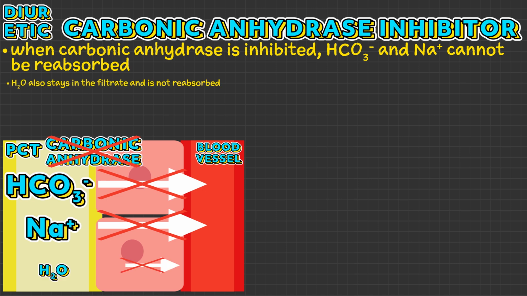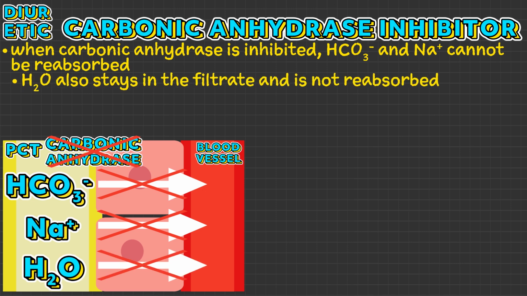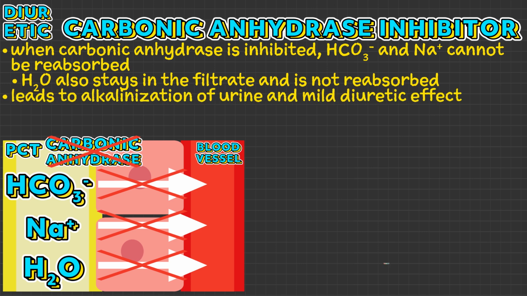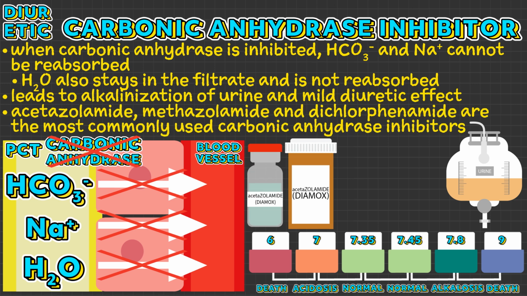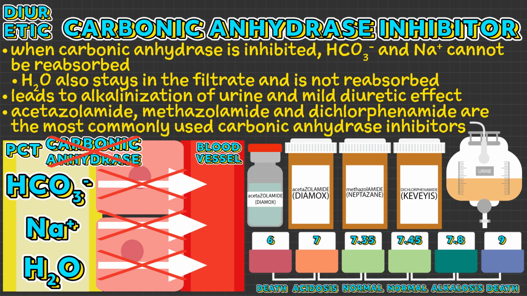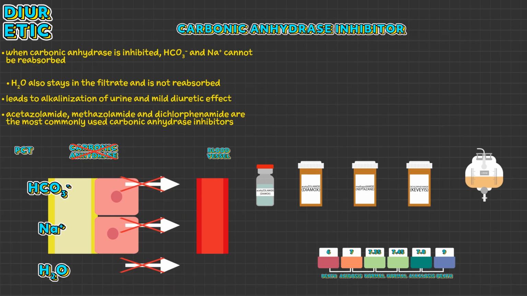As a result, water also stays in the filtrate and is not reabsorbed because the osmotic gradient does not change. Remember, water tends to follow sodium, and since the sodium did not move, water will not be reabsorbed either. This process leads to the alkalization of urine and a mild diuretic effect. Acetazolamide, methazolamide, and dichlorphenamide are the most commonly used carbonic anhydrase inhibitors.